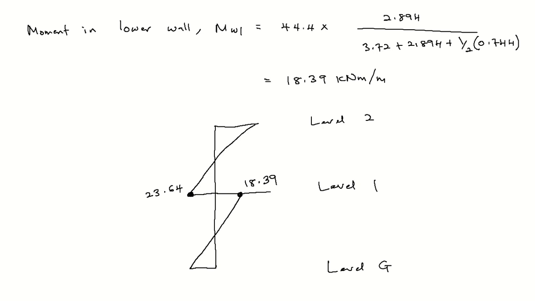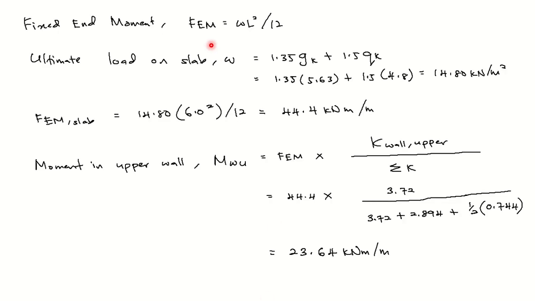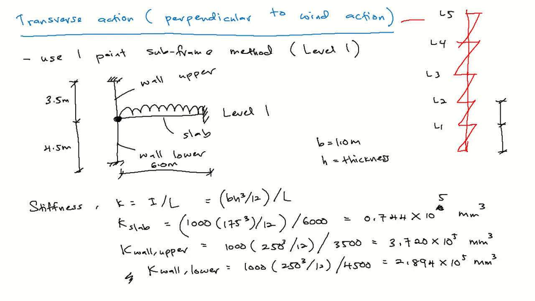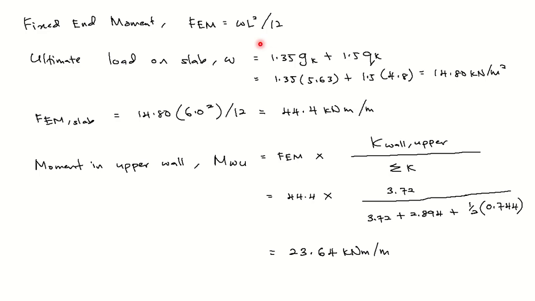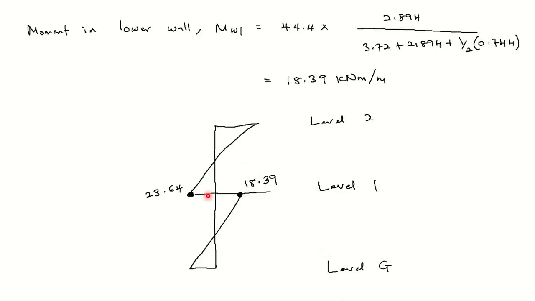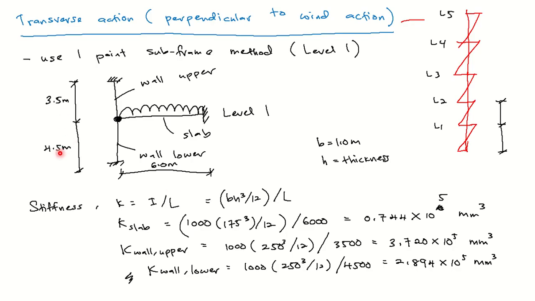If we want to get the moment for level 2, we need to do the same technique: calculate the stiffness, calculate the FEM, which depends on the W. If you get the same W, then you will get the same value. Slightly different here is the height.